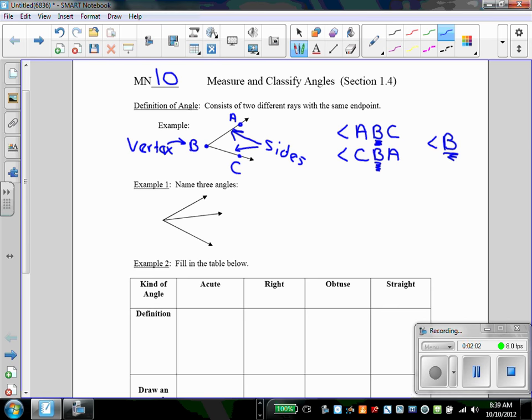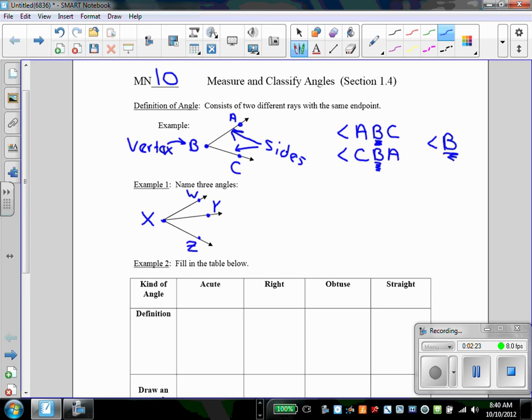Example 1, name three angles. Let me get some letters on here first. This right here is going to be W. This over here, let's call it X. Notice I'm using all capital letters. This right here is Y, and down here is point Z. To name three angles here, we can say a couple things.